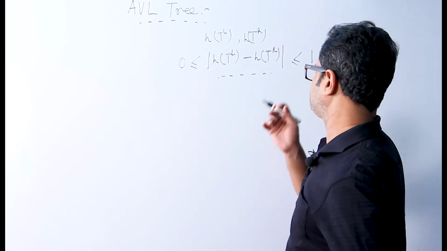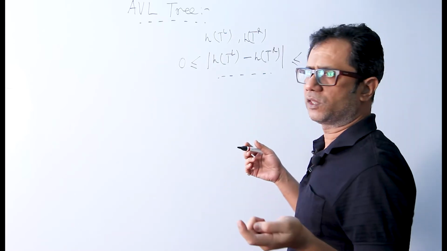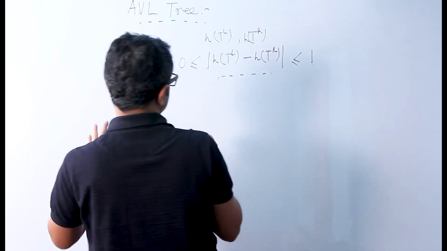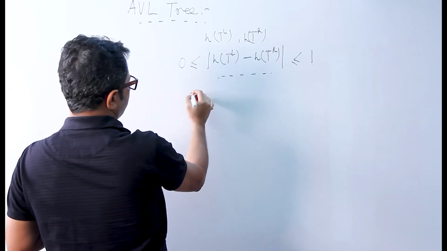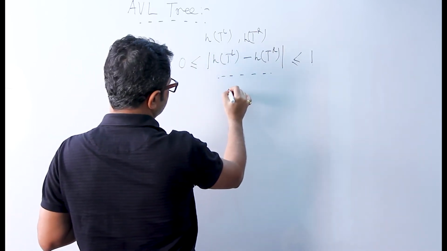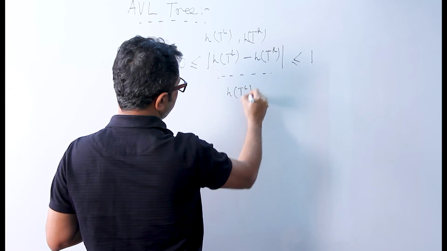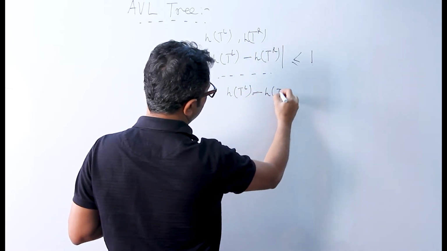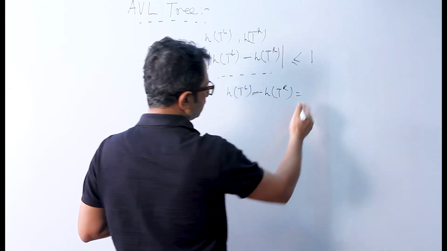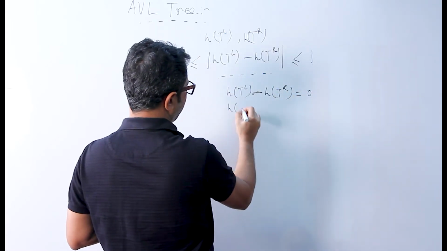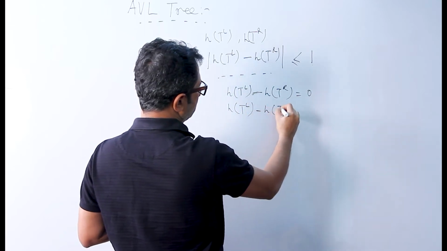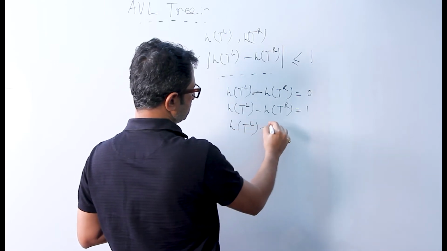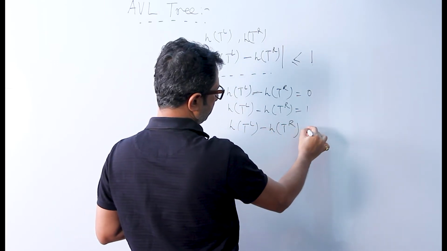If we take it in another form, that is, if we deal with the sign and not the magnitude, then the possible values of the balance factor are like this. HTL minus HTR can be 0, or HTL minus HTR can be 1, or HTL minus HTR can be minus 1.